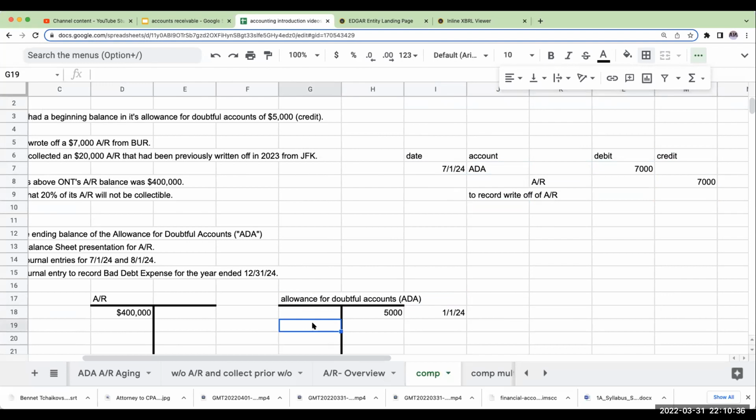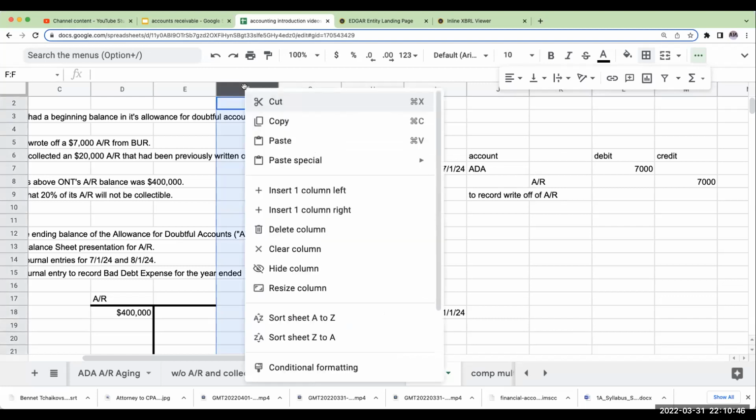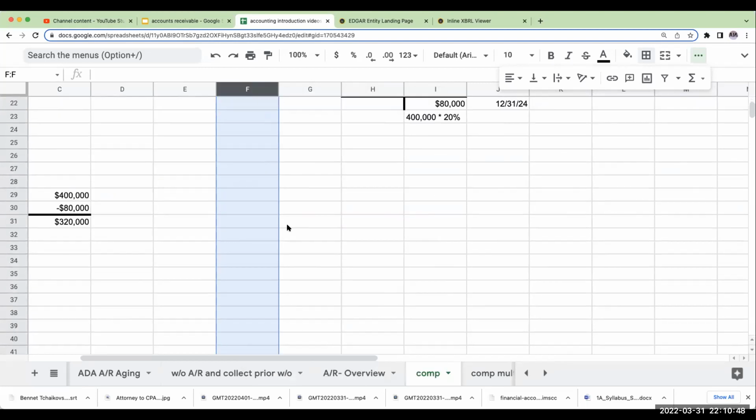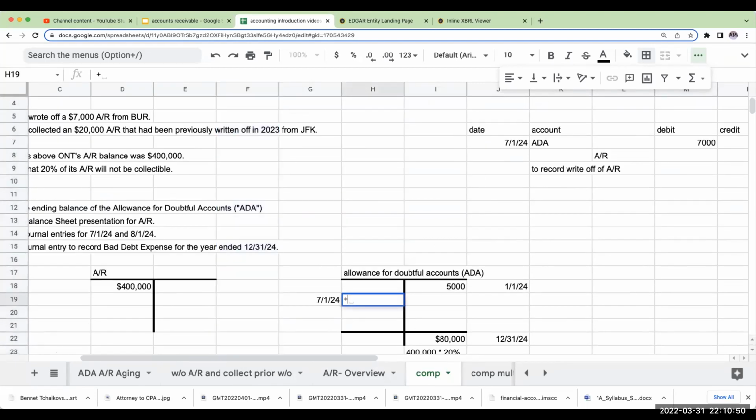This is how I write it off. It never changes. But it's really important that I look at 7/1/24 and ask how this impacts my allowance for doubtful accounts. And this is going to be the write-off of the account receivable.